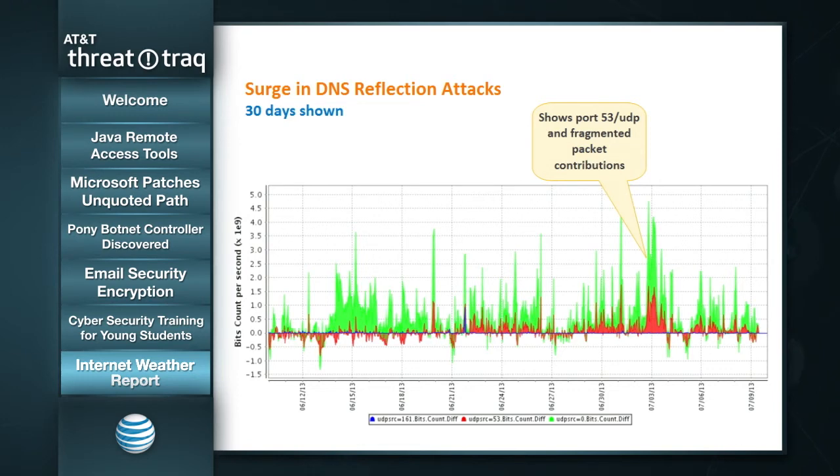There was a little spike back on, it looks like, June 21st, of an SNMP reflection attack, and a spike in the fragmentation of packets associated with that as well. But it seems like the SNMP reflection attacks are significantly either smaller or more distributed than the DNS activity.